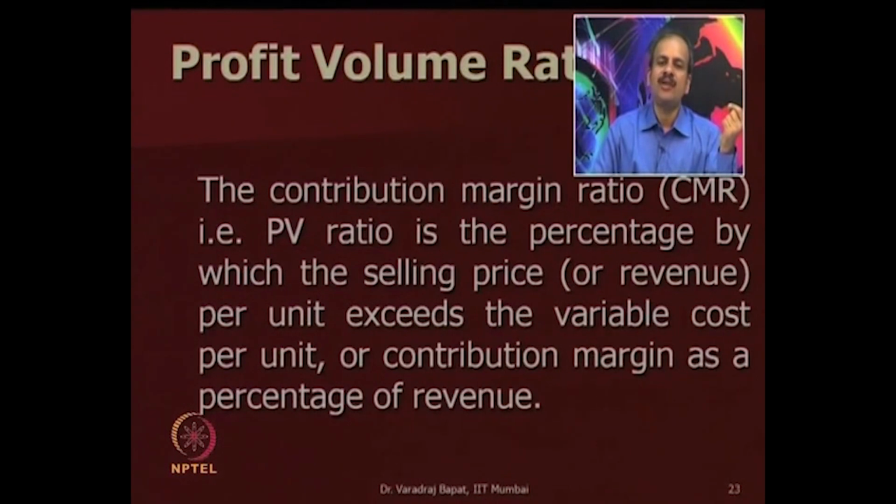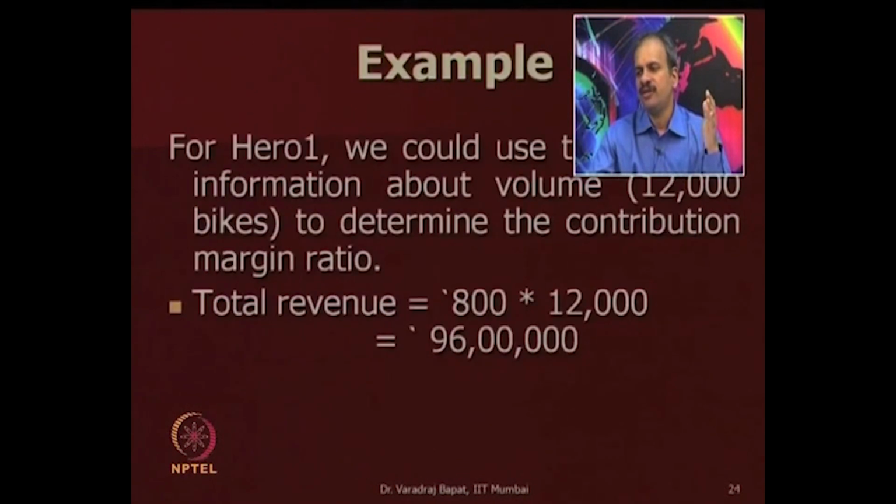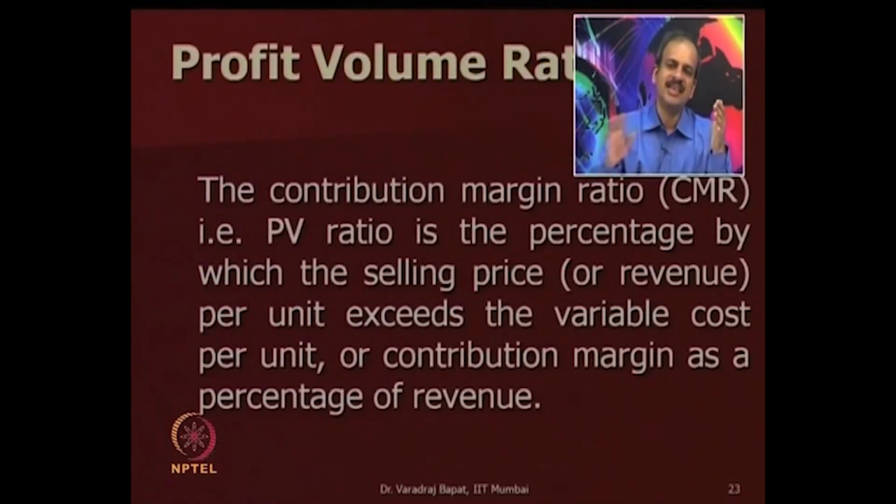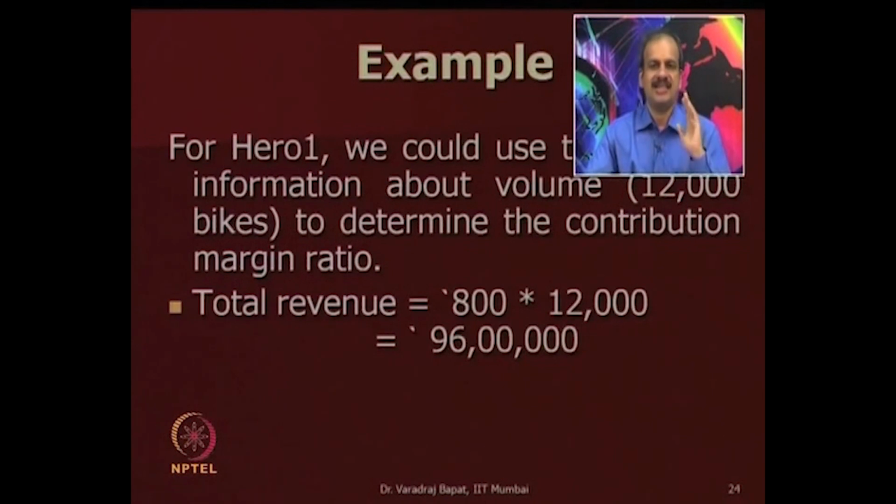We can simply calculate it as contribution upon the selling price. So we take contribution margin as a percentage of revenue. As the name suggests, it is PV, so it is contribution upon sales.